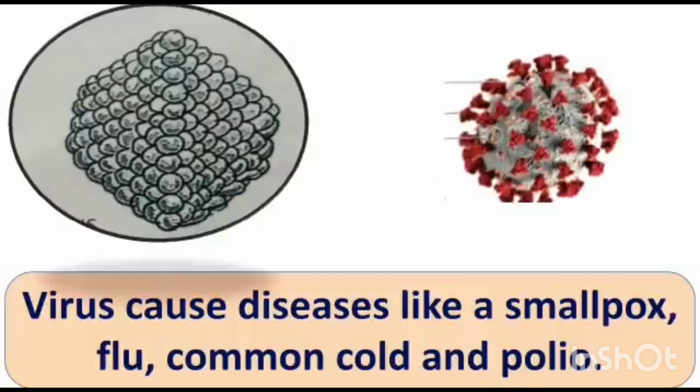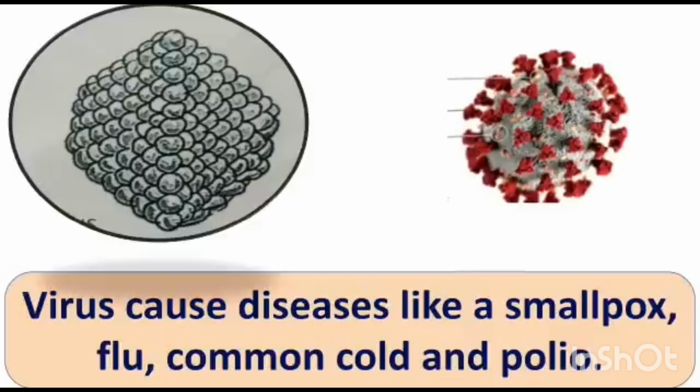Okay kids, one of the viruses that is affecting the whole world at the present day is coronavirus. These viruses float through the air, the surface of water and even the surface of our skin. Viruses can be spread from one person to another by shaking hands and also when a person coughs or sneezes.